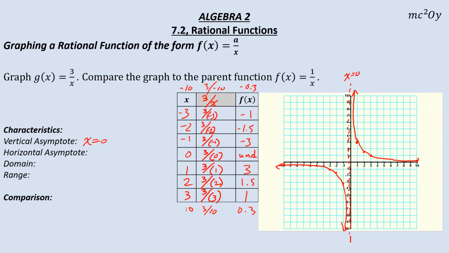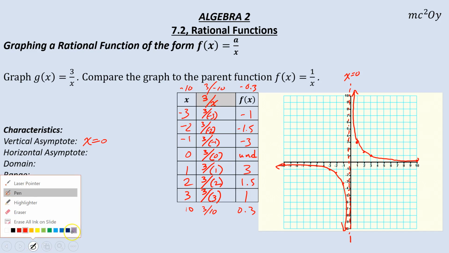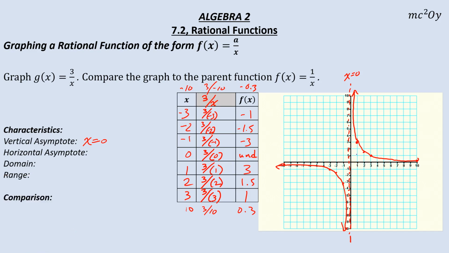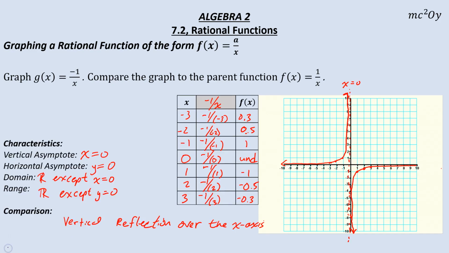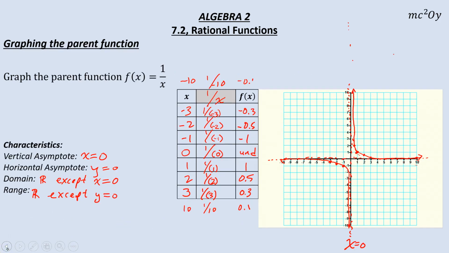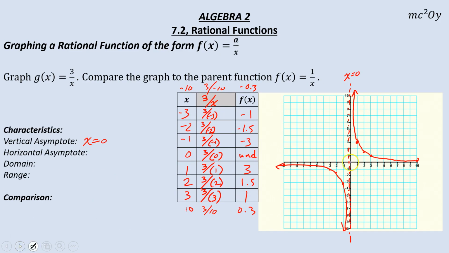So what's happened? Well, think about it. Let's go to our parent function. From where our asymptotes cross, we went over 1 and up 1, at 1, 1. Now, from where our asymptotes cross, there's our horizontal asymptote at y equals 0, we're going over 1, and rather than up 1, we're up 3.